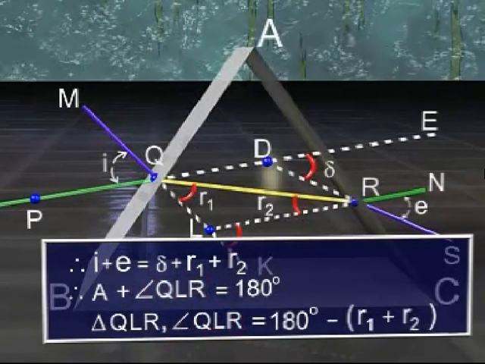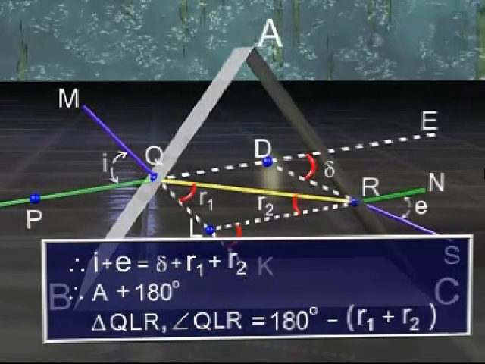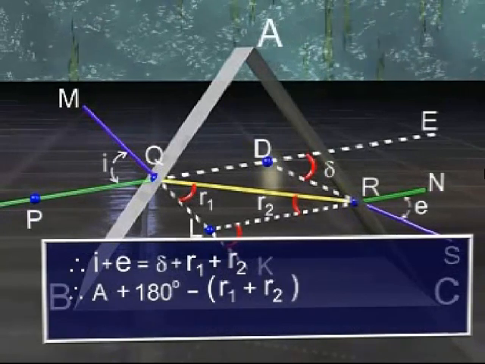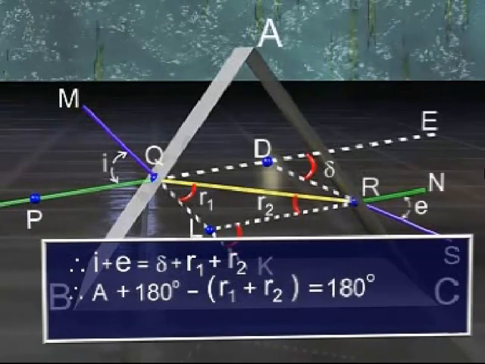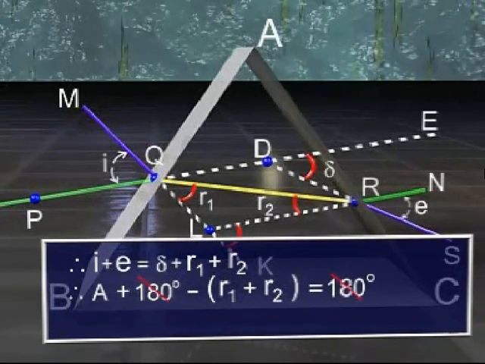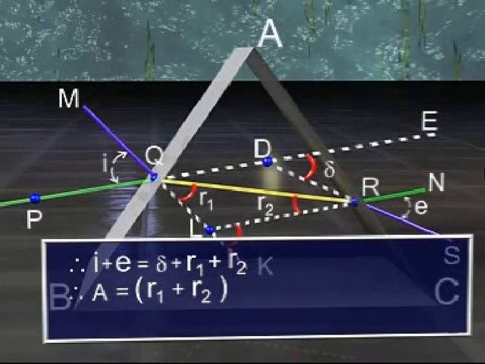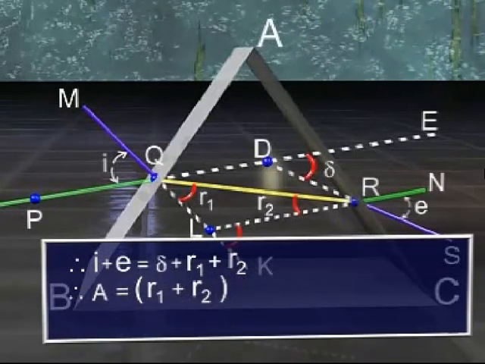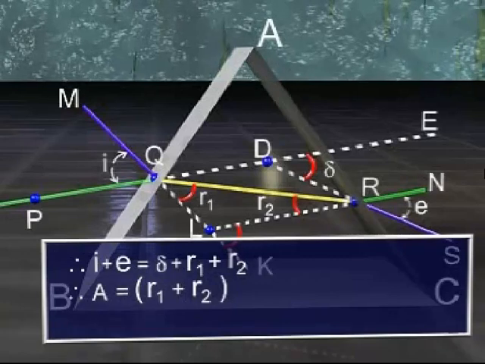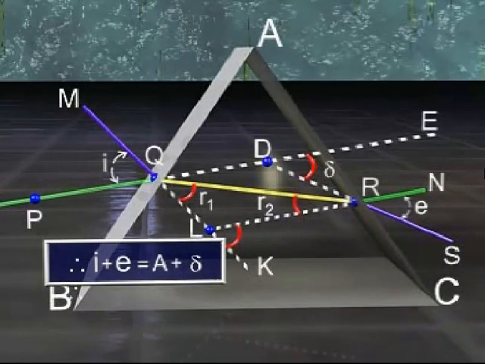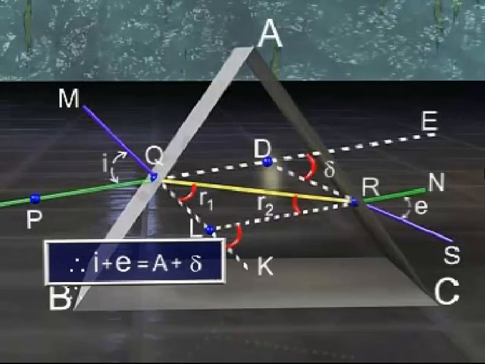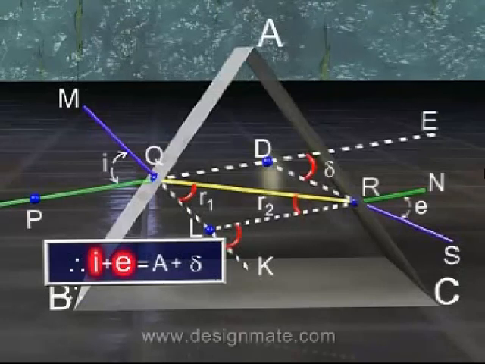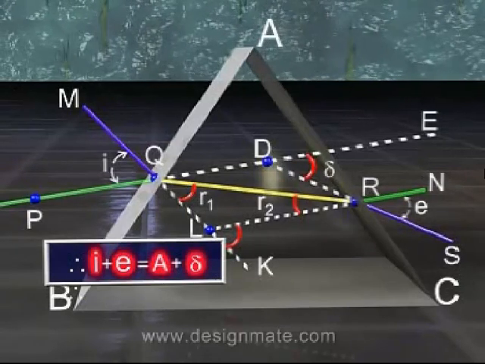Therefore, A plus 180 degrees minus, in brackets, R1 plus R2 is equal to 180 degrees. Therefore, A is equal to R1 plus R2. Substituting the value of R1 plus R2, I plus E is equal to A plus delta, giving the relation between I, E, A and delta.